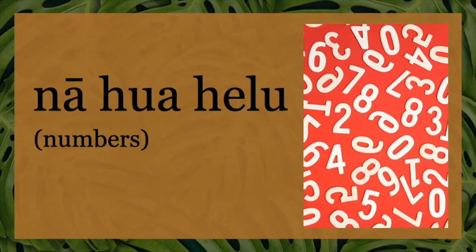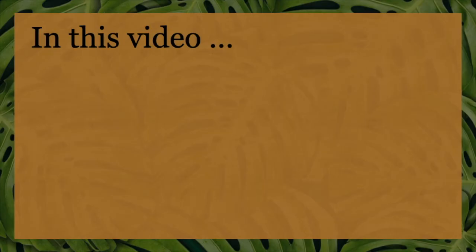In this video, we are learning Nahua Helu, numbers. We've got a lot to cover in this video, so feel free to pause and rewind whenever you need to. First, we're going to look at the base form of the numbers 1 through 9, and you'll see what I mean by base form.